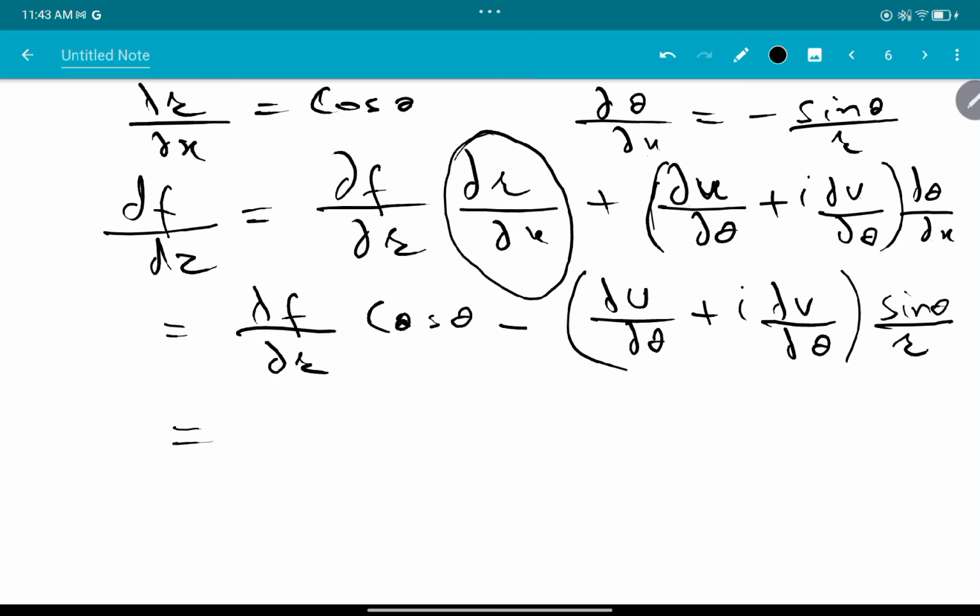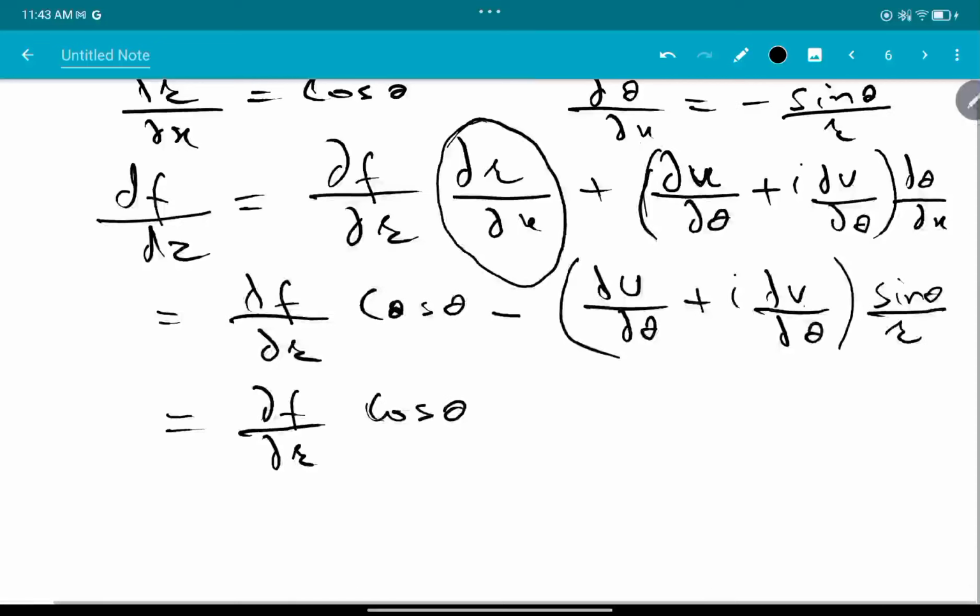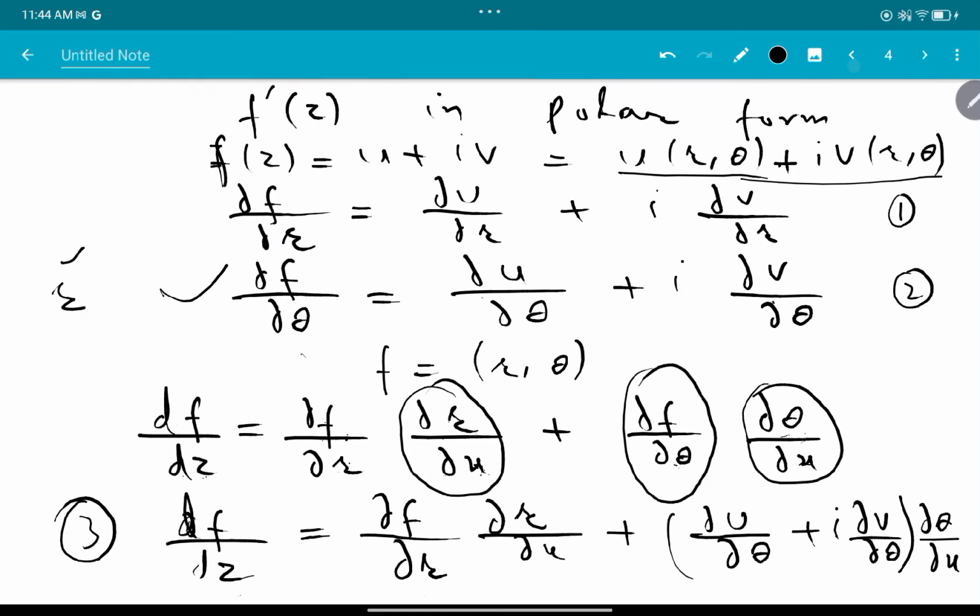So I write del f by del r cos theta, but that will land me again in trouble. This will be del f by del theta, which I had actually replaced. But there is an interesting thing: del u by del theta plus i del v by del theta are basically both derivatives of this.